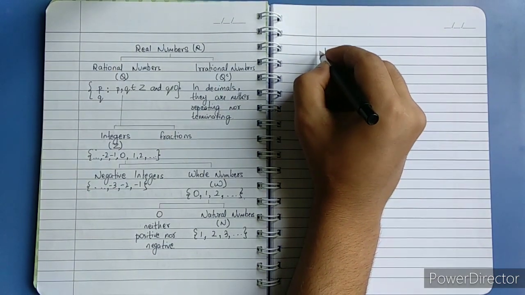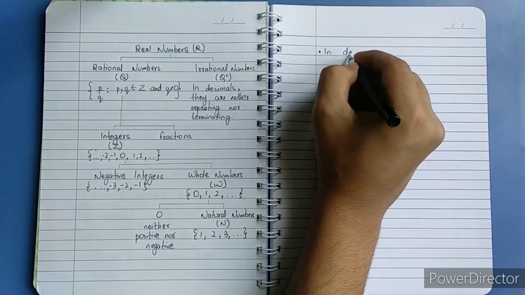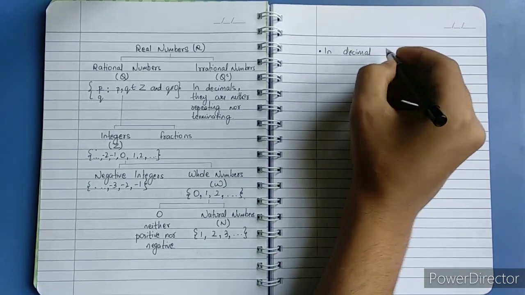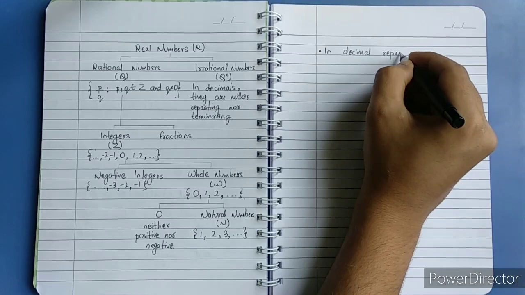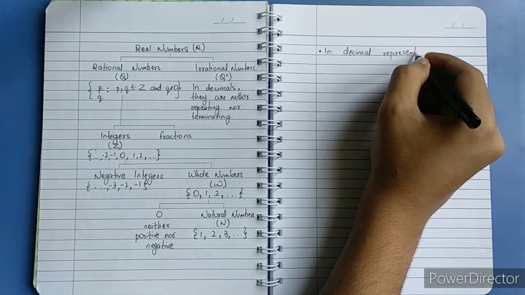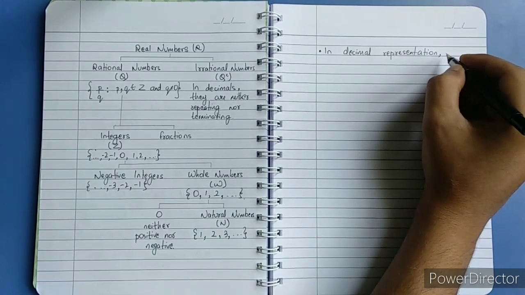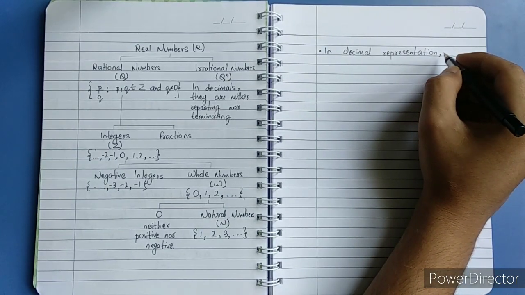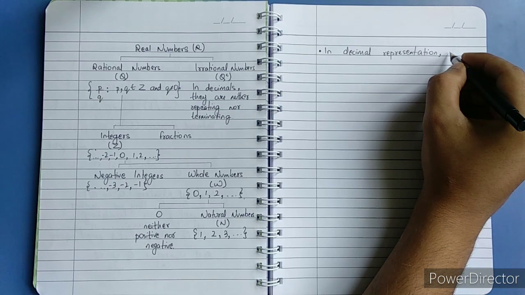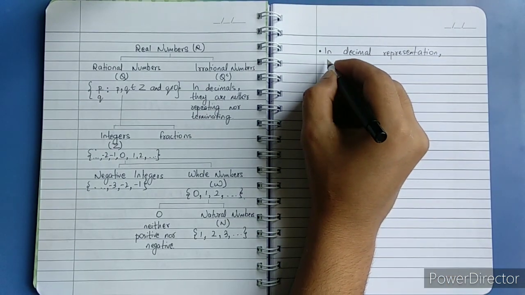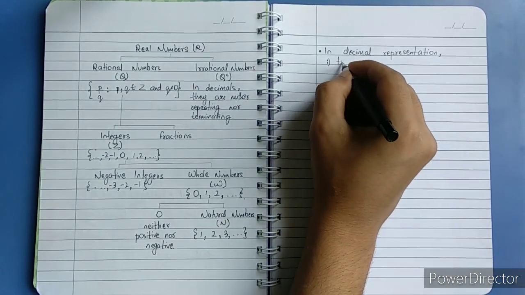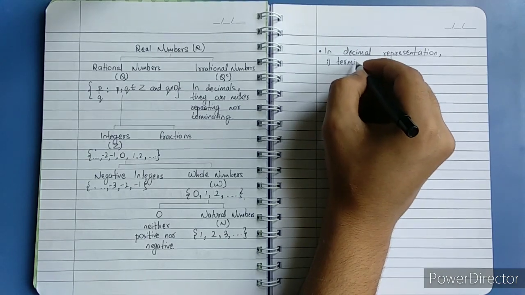Okay. Now we'll talk about decimal representation. In decimal representation, there are three types of numbers. Number one is that of terminating.